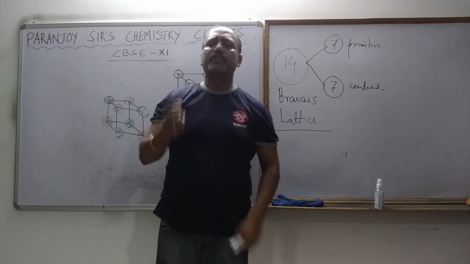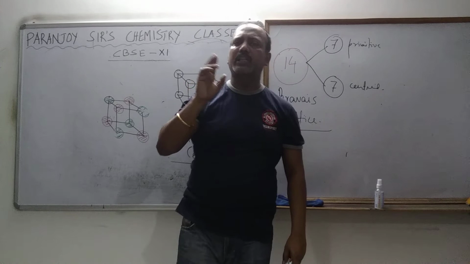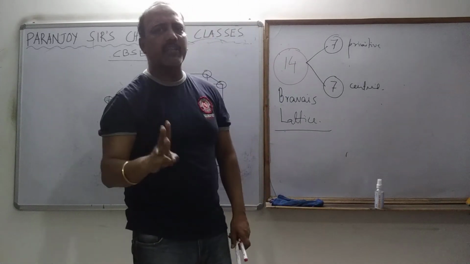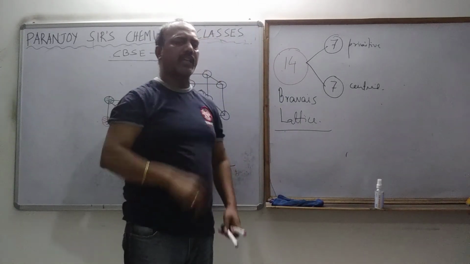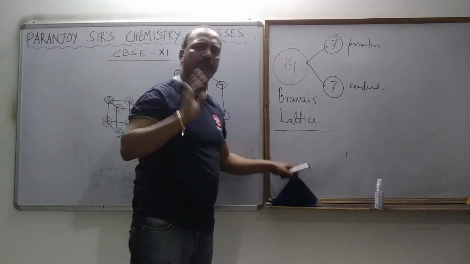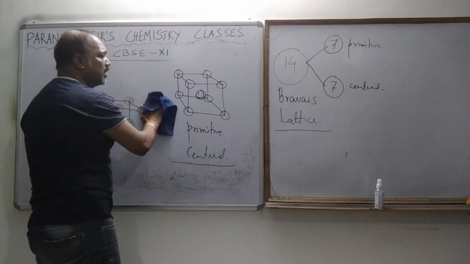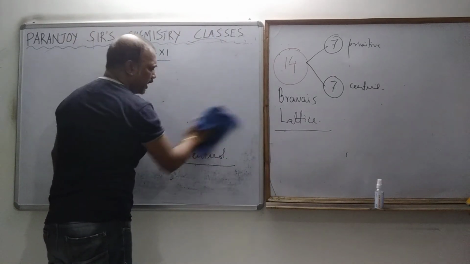Now, as I told, I am going to concentrate on the cubic unit cell. In our syllabus, mainly 3 types of cubic unit cell are there. I am just going to tell it and finish it because I don't want to go further today.